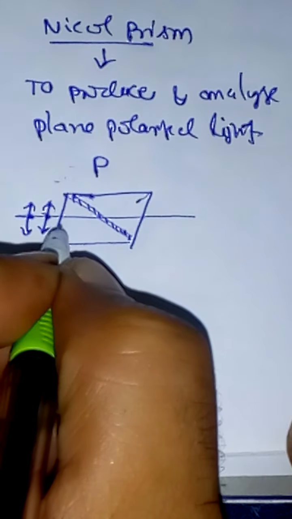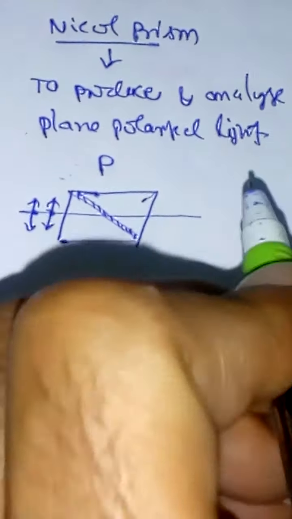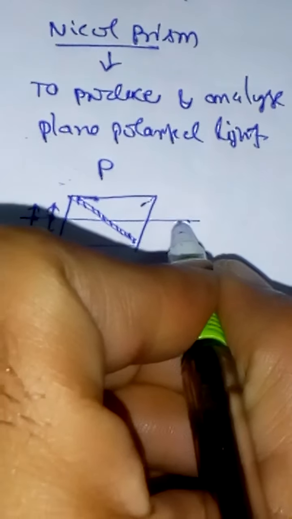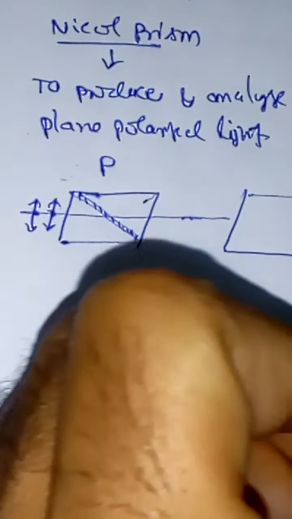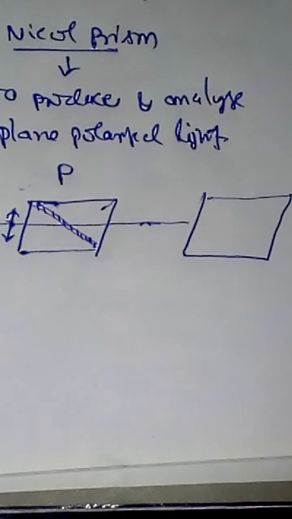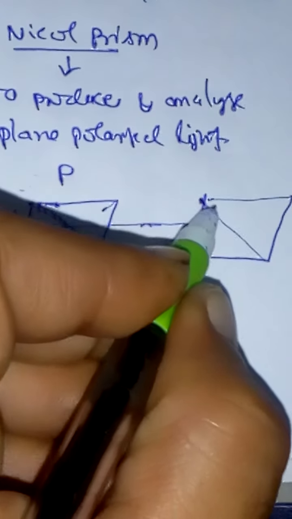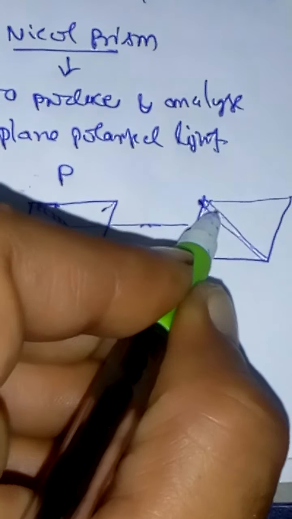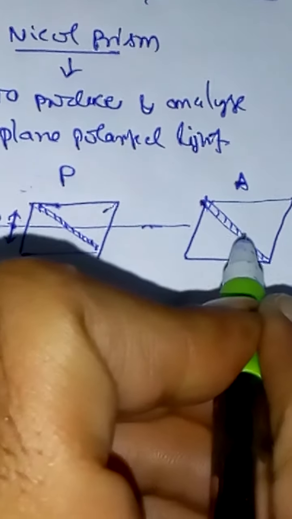This is unpolarized light. Now here you are making it pass through an analyzer. The analyzer also looks the same. This is the analyzer.